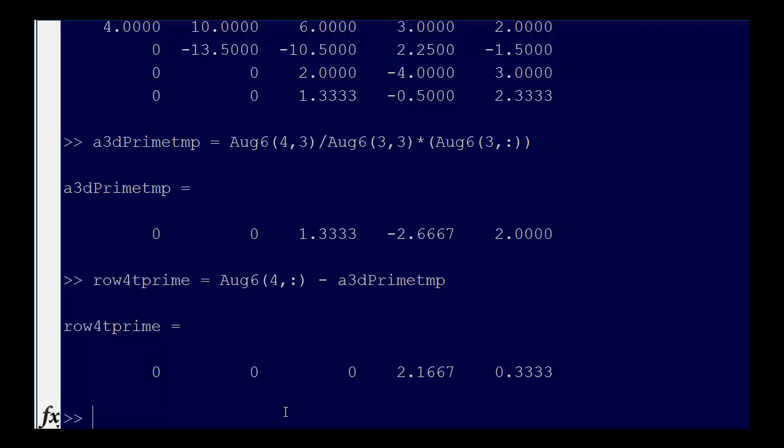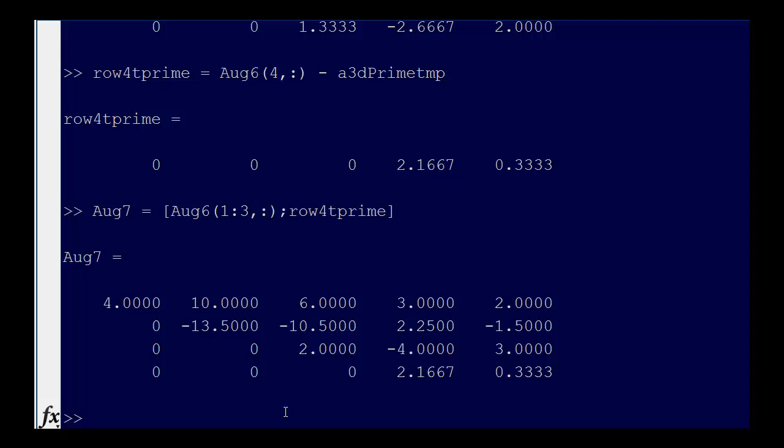Okay, yes, and we zero out that last one that we needed to zero. So then we go og7, that's our 7th augmented matrix, og6, 1 through 3, yes, that's what we want. And so we just want row 4 triple prime. Okay, there it is. So that's exactly it.